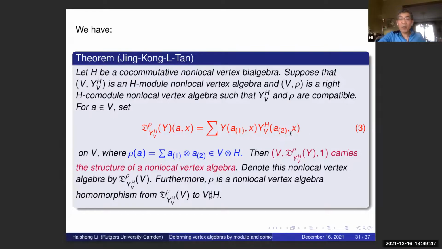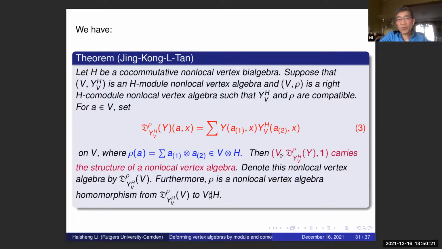To make sure this makes sense, that's why we define the left module action; we require that the image lies inside the V tensor Laurent series. In this way, this will give you a structure of non-local vertex algebra on this same space, and you can define this new vertex operator map. So you have a new non-local vertex algebra. So that's the idea.